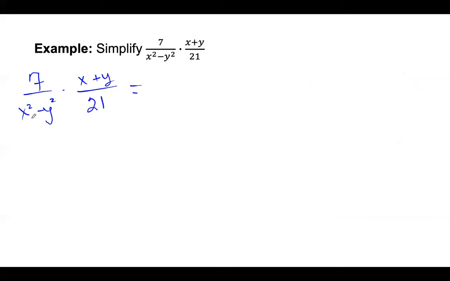Well, we see that x squared minus y squared, that's an identity that we just learned. So we're going to rewrite x squared minus y squared. And what would that be? x plus y times x minus y, times, and then just write everything over again.